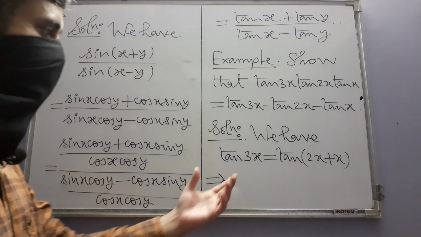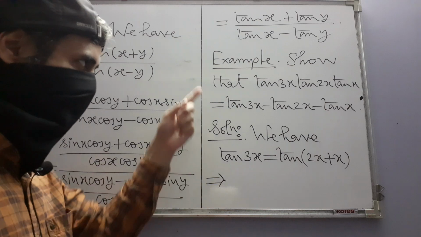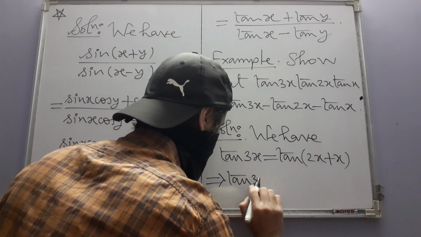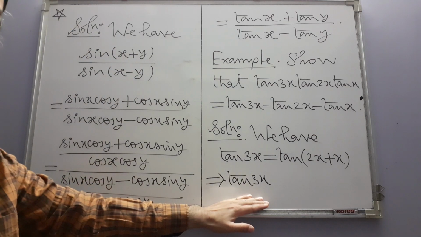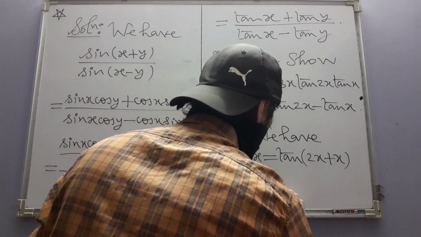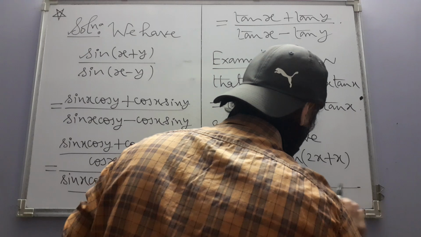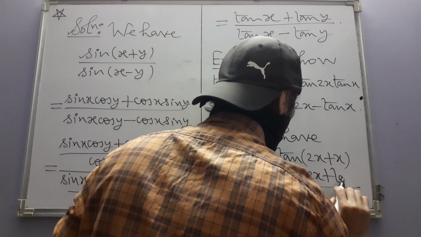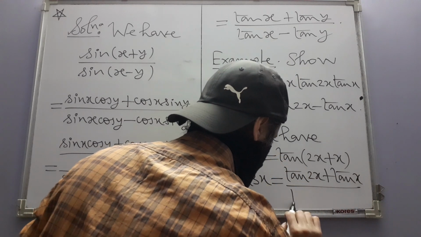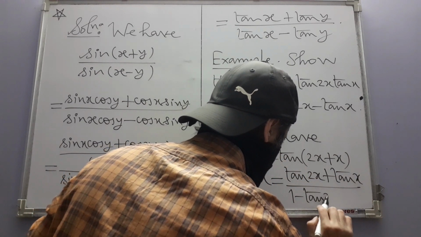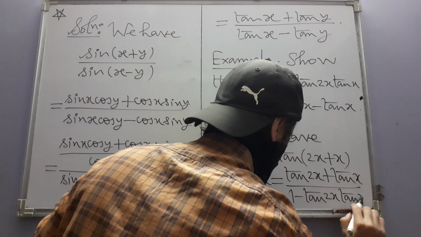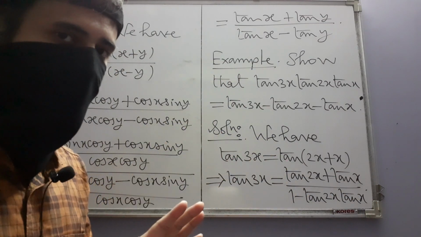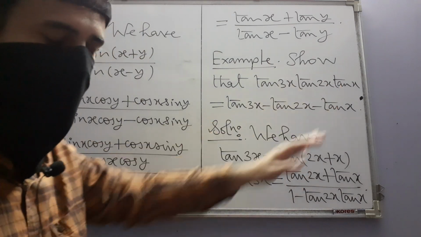And we will keep tan 3x like this because we need tan 3x. We are not going to use the triple angle formula here. On this side, however, we apply the familiar tan x plus y formula. 1 minus tan 2x tan x, and after this also we do not do anything with tan 2x because that's what we need.